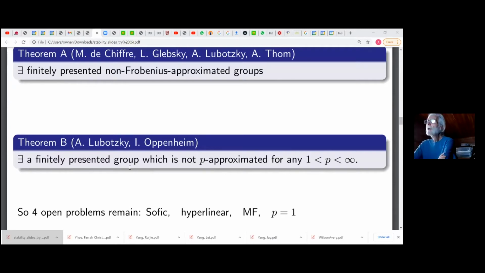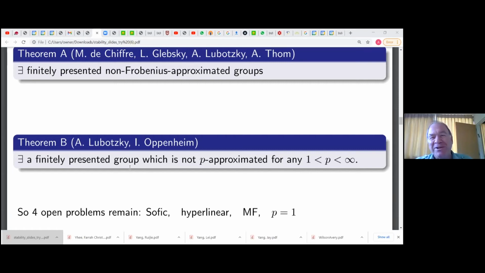You don't have to choose a different group for every p. There is one which is not approximated for any of them. So if three minutes ago we had uncountably many open problems, we are left with only 4. Unfortunately, we are left with the 4 most important ones.